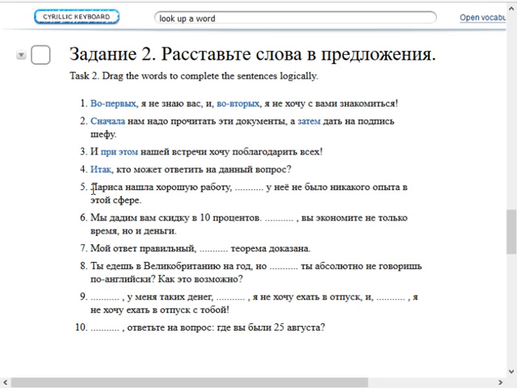Okay, Лариса нашла хорошую работу, something у неё не было никакого опыта в этой сфере. So, нашла is found. So Larissa found a good job.